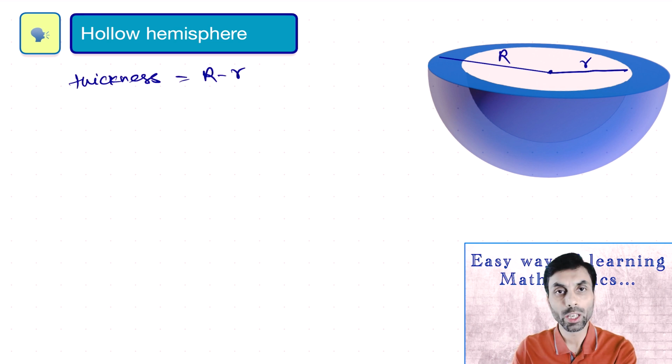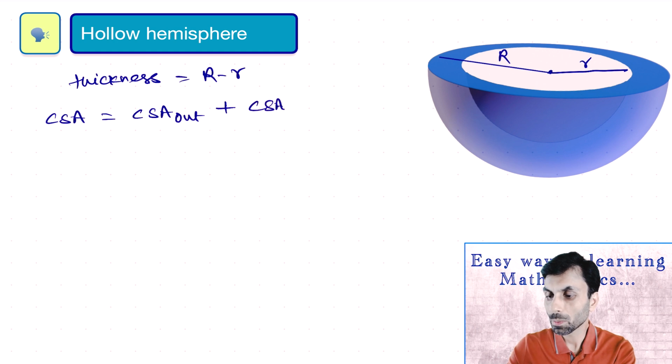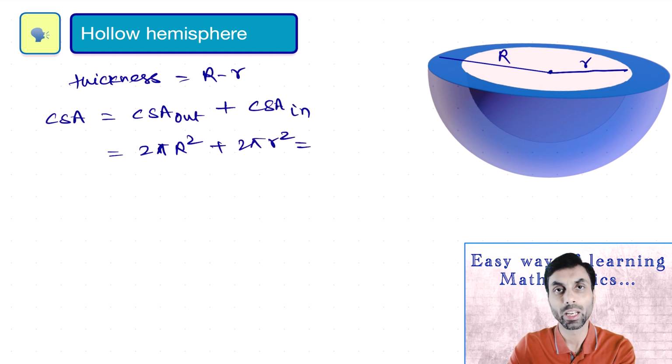Now, when you talk about curved surface area of it, we'll have curved surface area which will be outer plus curved surface area which will be inner. So outer curved surface area will be 2 pi capital R square, and inner curved surface area will be 2 pi small r square, which we can also write as 2 pi into R square plus r square.